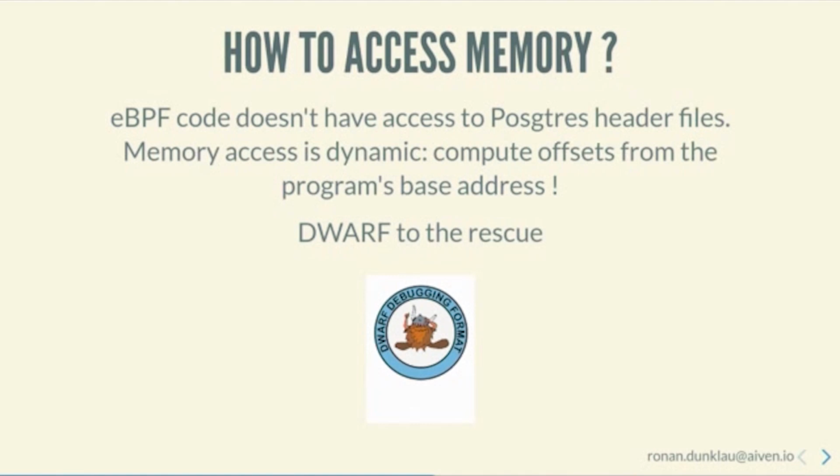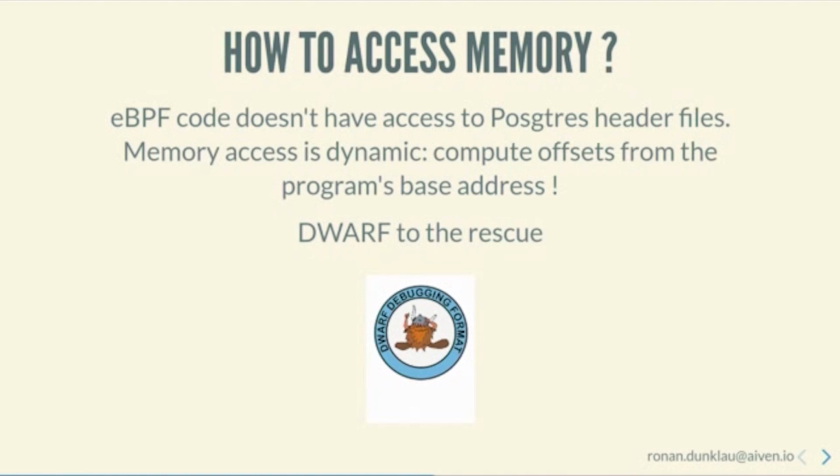So one thing we can't do, which would be really easy, since we have a C front end, is maybe just include the Postgres header files, and then we know the structure of the memory inside the process, and we can access it like this. Except we can't do this, because including the headers in an eBPF program is just not possible. There are lots of things in our headers that are not supported by eBPF. So we can't really do this.